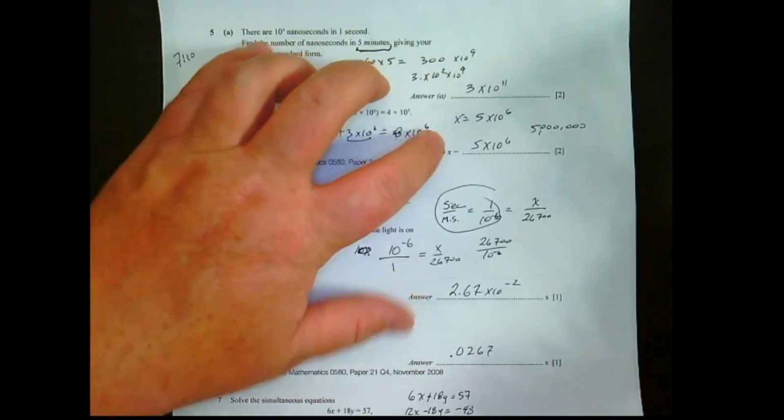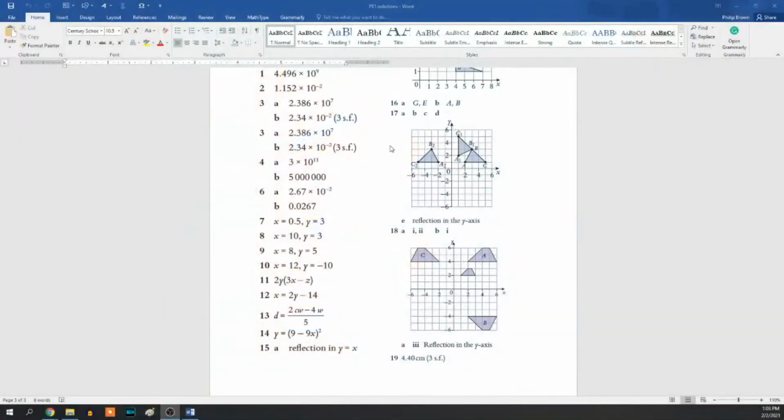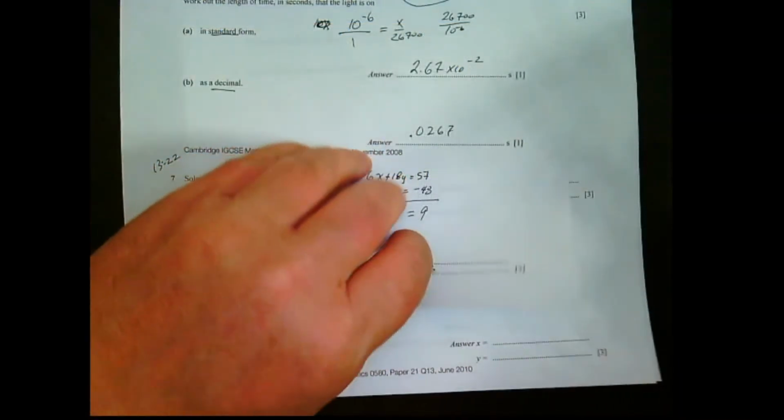So we're good on both of those. Next one, I've got 2.67 times 10 to the negative 2, and then the decimal equivalent, so we're good there. And the last one is 1/2 and 3, we're good to go. Man, killing it. Okay, next page.